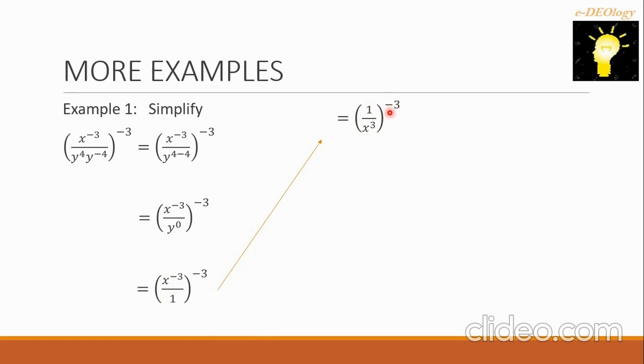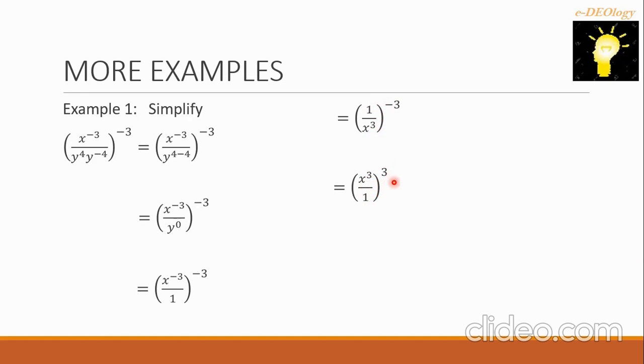Next, we have a negative 3 outside of the grouping symbol as exponent. So we need to rationalize the negative 3. What we're going to do, again, we're going to flip this fraction inside. So the x cubed goes to the numerator again over 1. So look at our exponent 3. It becomes positive now.